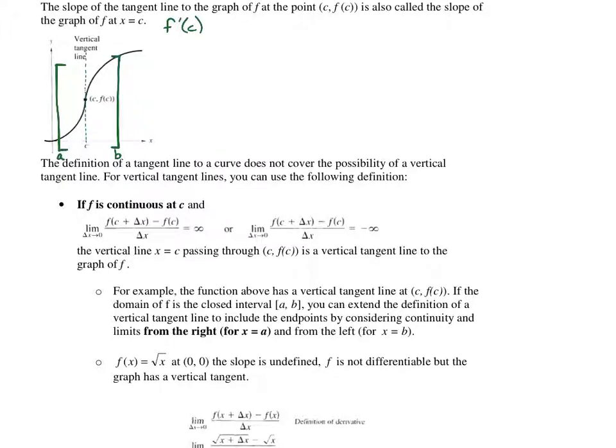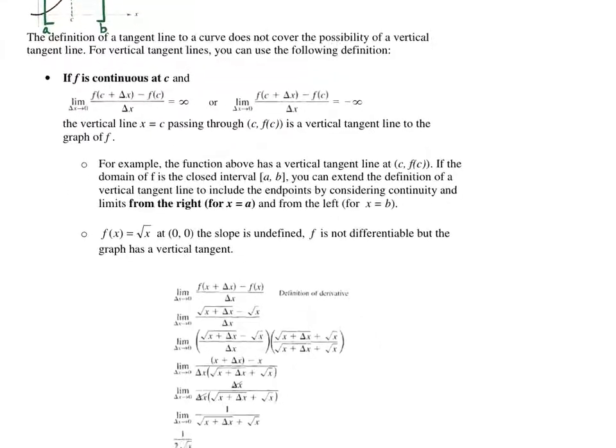In that case, we'd be able to get the derivative because we had just cut off the rest of the function. If the function itself has an endpoint, then the derivative won't exist, or will be undefined. For f of x equals radical x at (0, 0), the slope is undefined. F is not differentiable, but the graph has a vertical tangent.